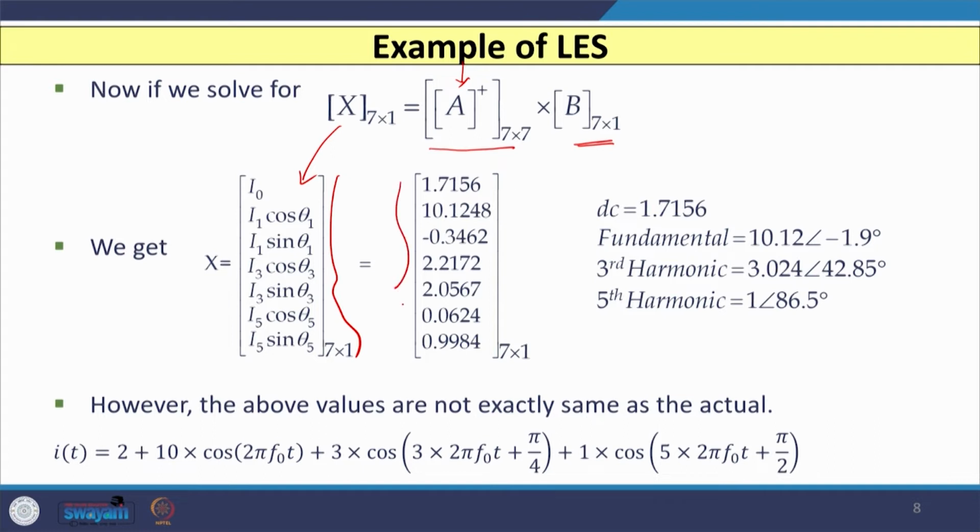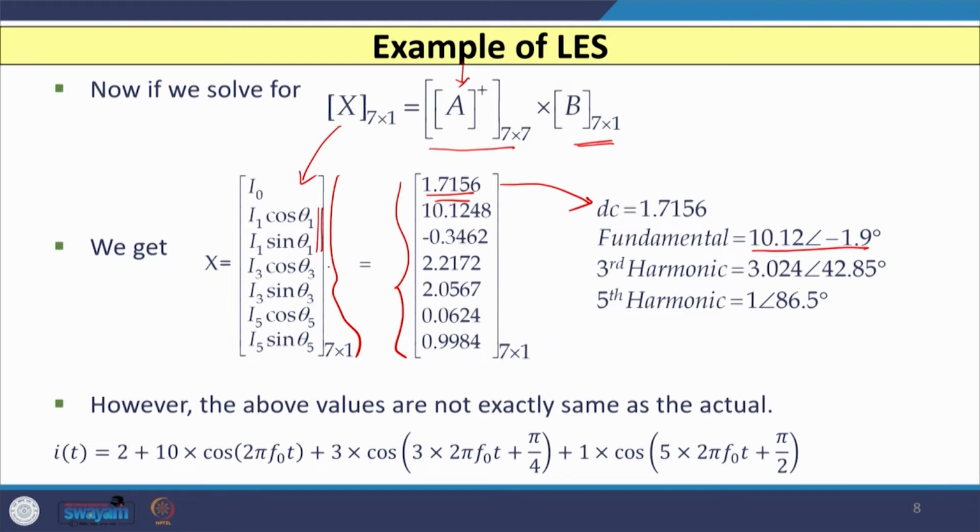Here you can see that the DC value comes out to be 1.7156. The fundamental term, that is I 1 cos theta 1 plus j I 1 sin theta 1, if you obtain the magnitude and angle, you will get 10.12 at an angle minus 1.9 degree.